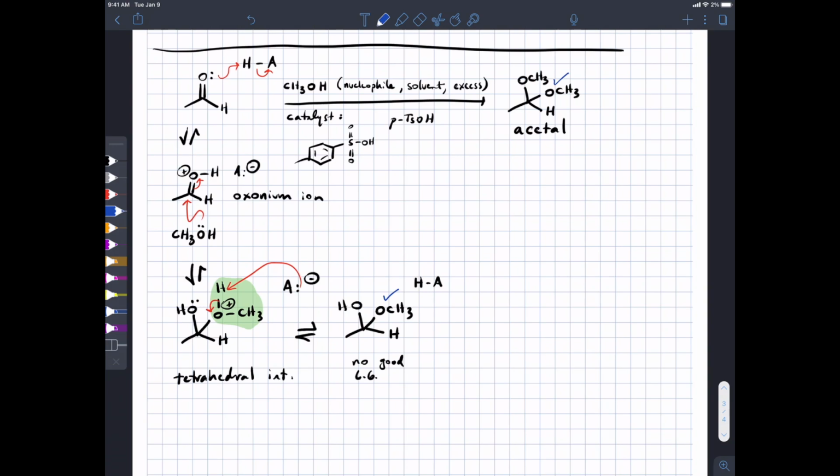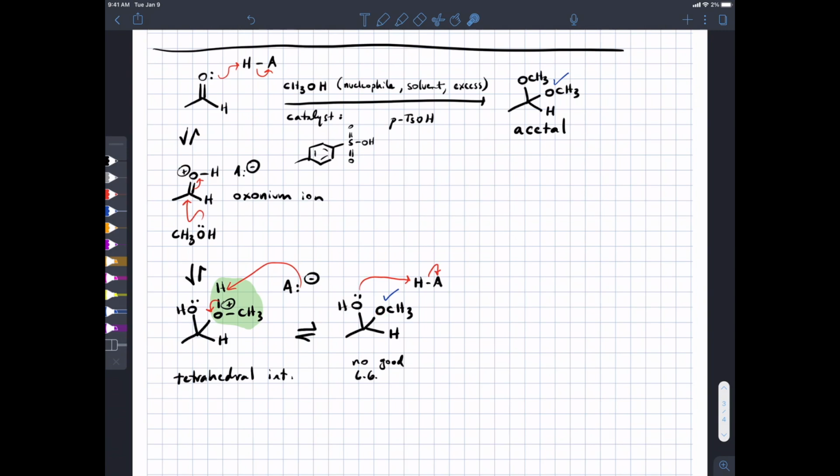And right now, we don't have any good leaving groups on that sp3 hybridized carbon. But we do have an acid, and the acid can protonate the OH group. During the first hour, a student asked, how do we know that the acid protonates the OH group instead of the methanol oxygen?